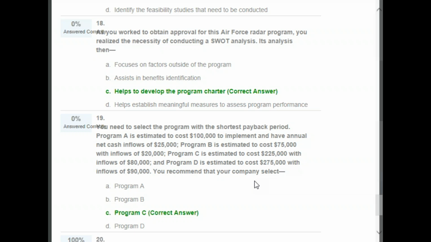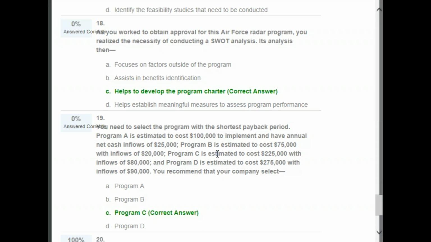You need to select the program with the shortest payback period. Payback period means which returns your money back as soon as possible. Project A, 100,000, has annual net cash flows of 25,000. That means you need 5 years to completely recover that money.